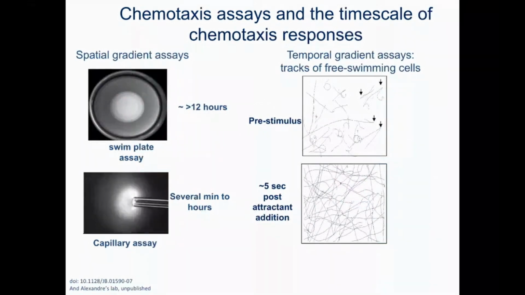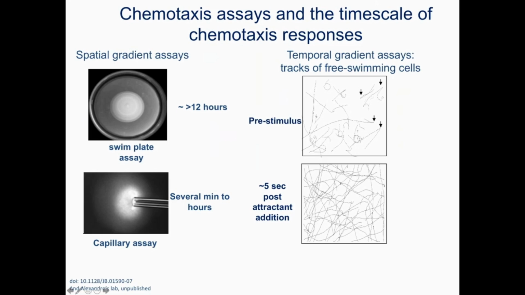How do we study chemotaxis? There have been several assays that I will present really briefly. One of the most utilized assays is the spatial gradient assay. The first one is the swim plate assay. In this assay, cells are inoculated at the center of a soft agar plate that contains a compound that these cells can metabolize.